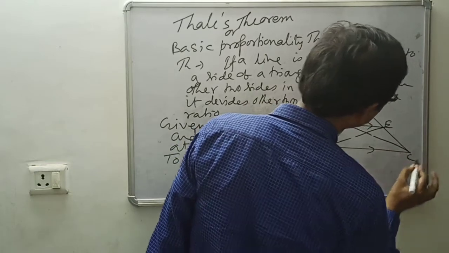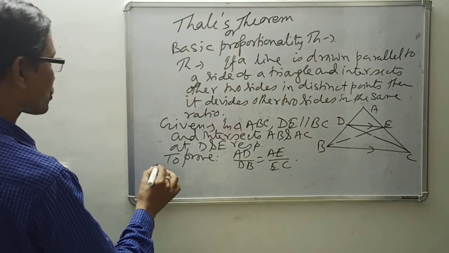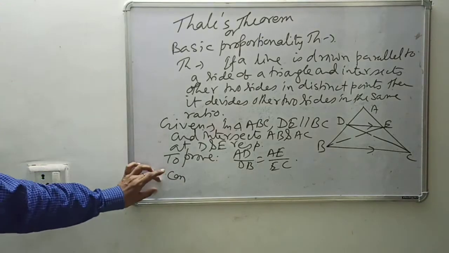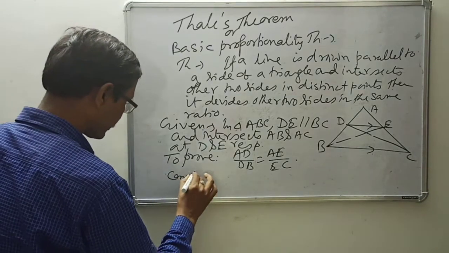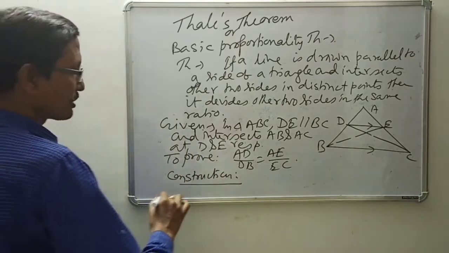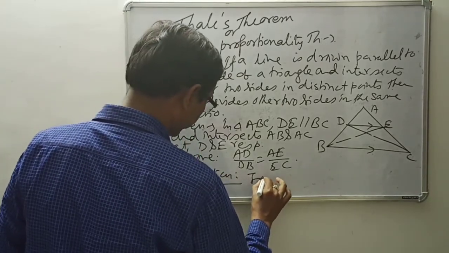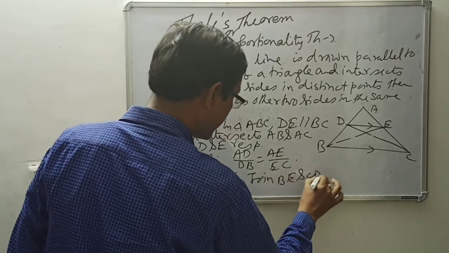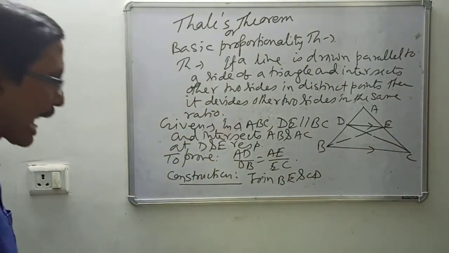So that construction we have done. Given, to prove, then construction. What is the construction? Join BE and CD.